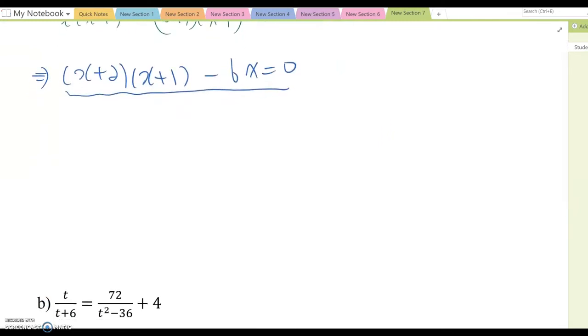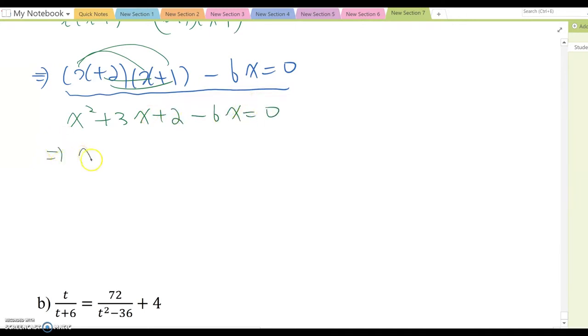So now I FOIL this out. Then x squared plus 3x plus 2 minus 6x equal to 0. So x squared minus 3x plus 2 equal to 0, and you factor this one, then it becomes x minus 2 times x minus 1 equal to 0.